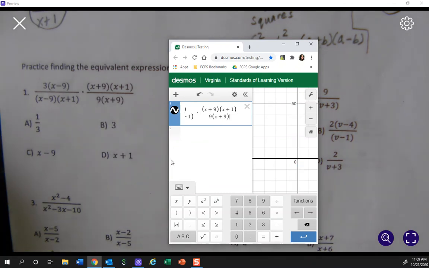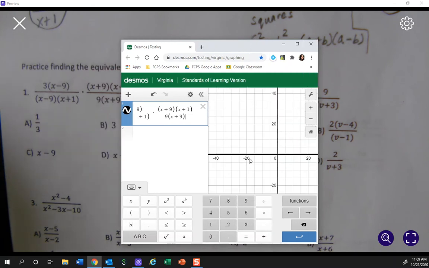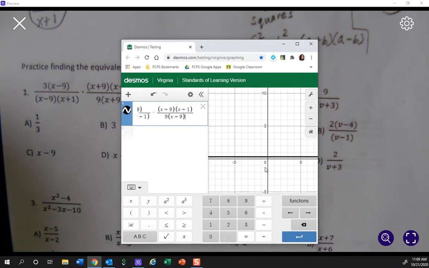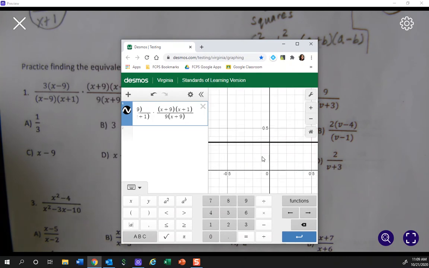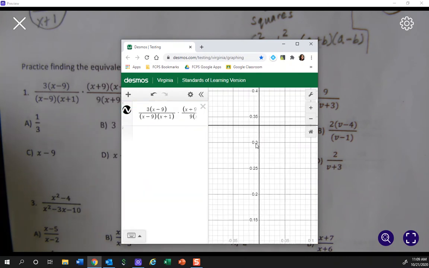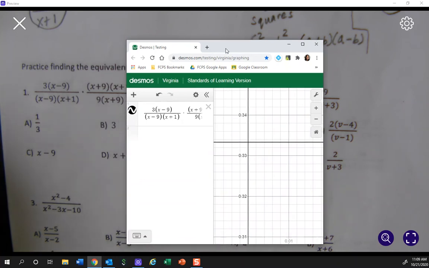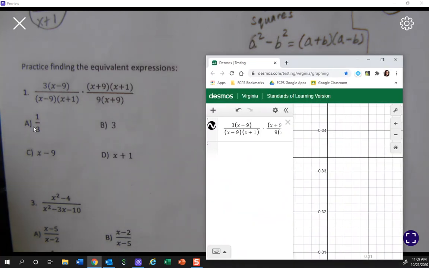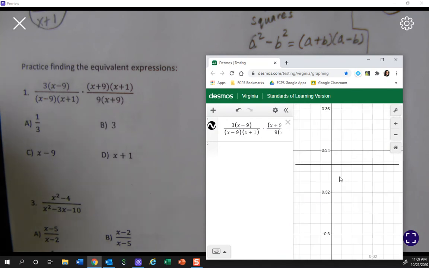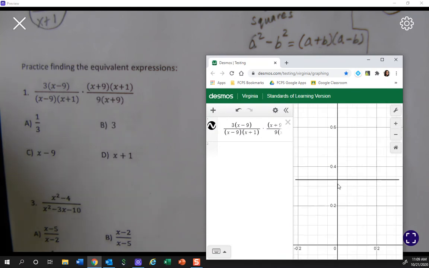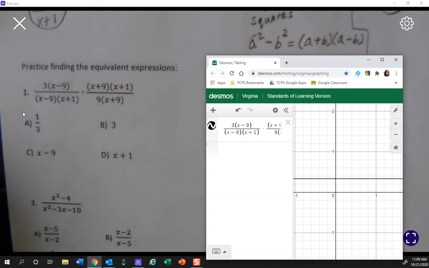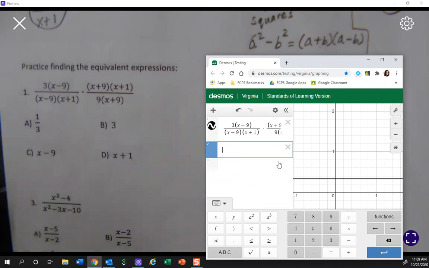Okay, so what I have here is this graph. Okay, looks like it should just come out to some kind of a decimal. So it looks like it's either, well, it's not 3, because it's not crossing it at x equals 3. I think it is 1 over 3. Okay.